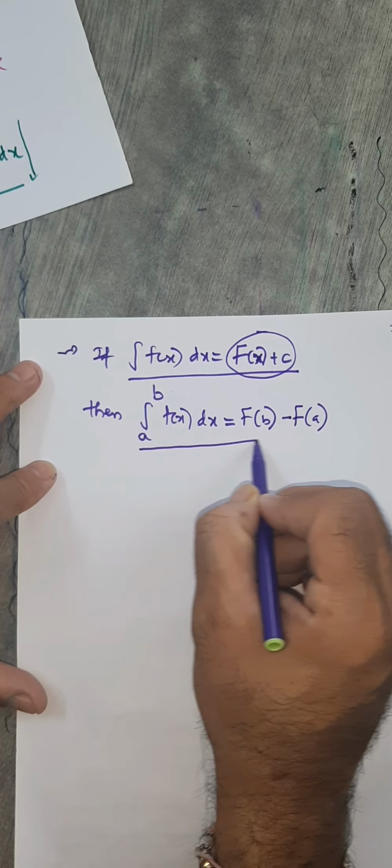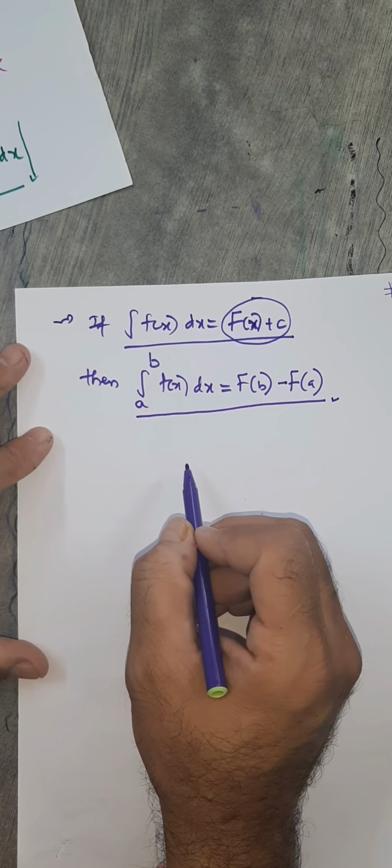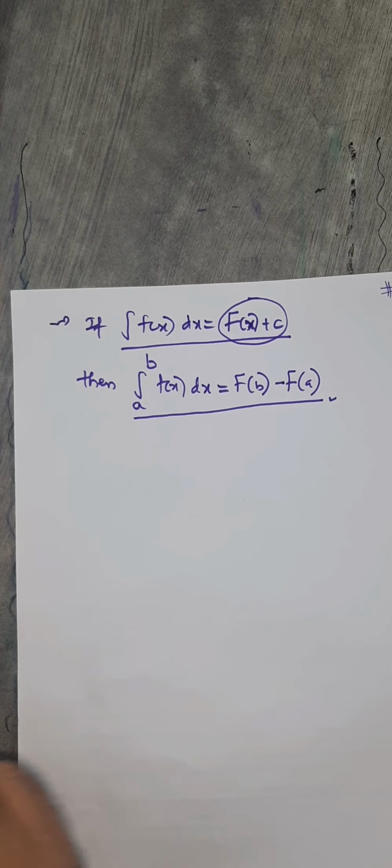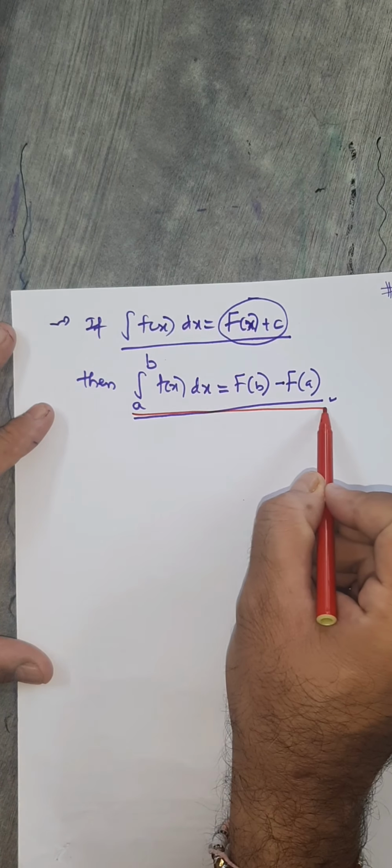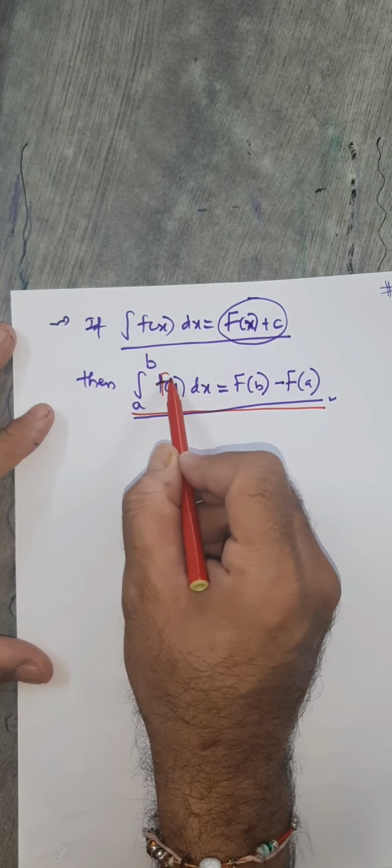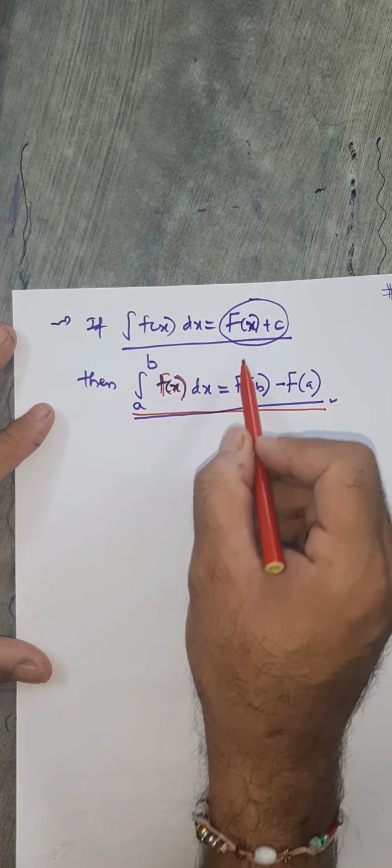This is the definite integral. So you have noticed that this definite integral is mainly based on the indefinite integral. You need to know the indefinite integral of the given function.